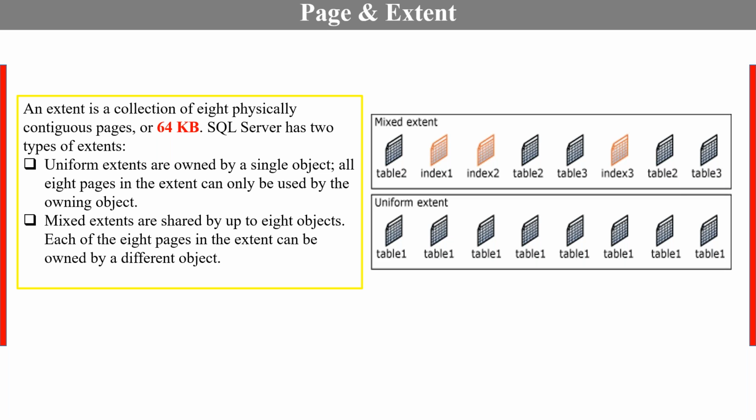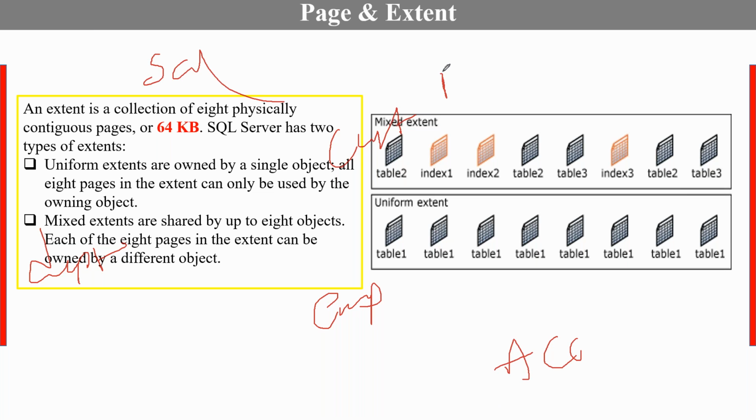What is a uniform extent? What is a mixed extent? Uniform extent means 8 pages contain single object data, meaning only employee data, only department data, only customer data, only account data, only sales data, only product data.